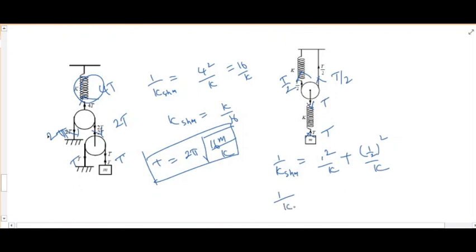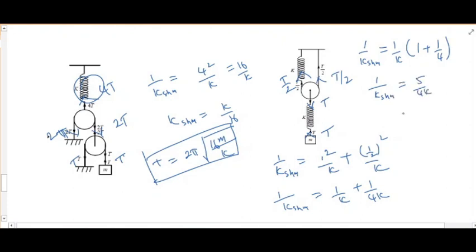Therefore 1 by K SHM is equal to 1 by K plus 1 by 4K. This becomes 1 by K SHM is equal to, here 1 by K common, this becomes 1 plus 1 by 4, this becomes 1 by K SHM is equal to 5 by 4K.